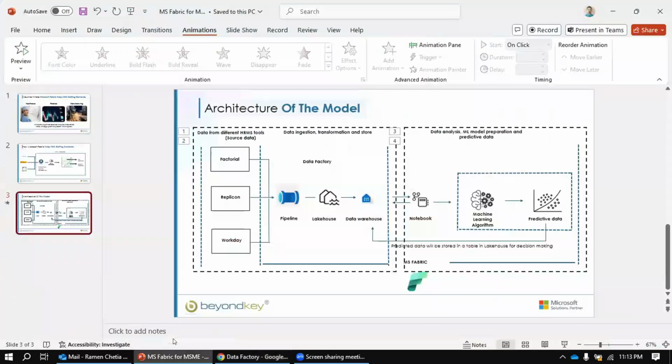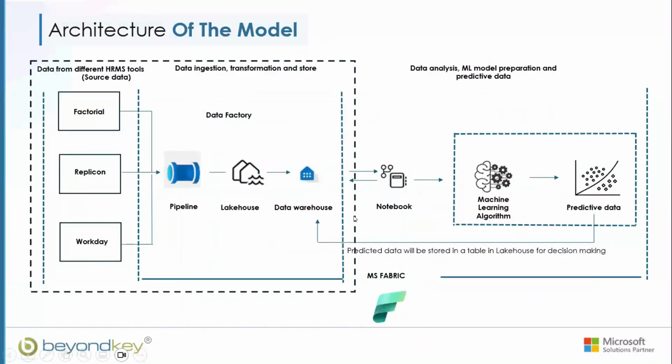Let me go to this and show you again. So this is the part that we are going to deal with in Data Factory and data flow, where we are using it for data ingestion.